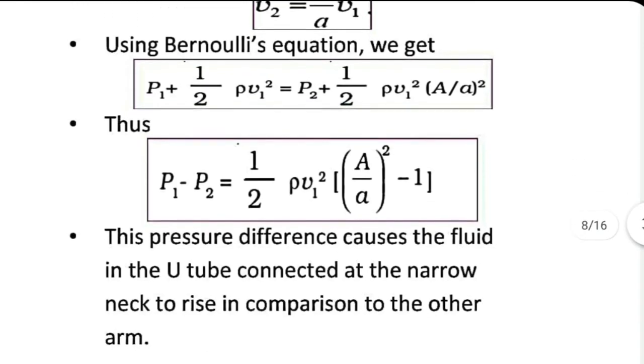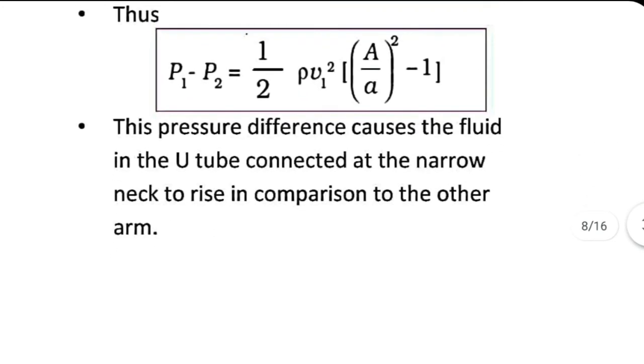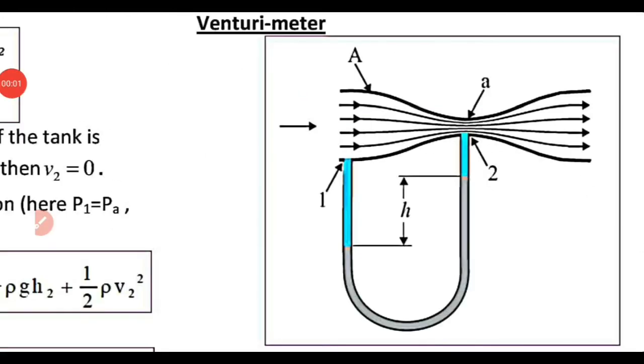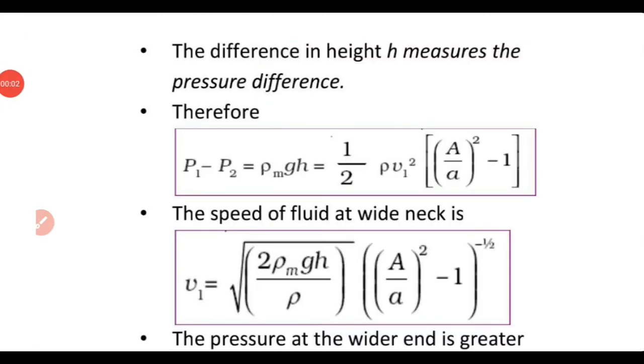So the U-tube manometer shows the pressure difference. Let that difference in height between the two sides of the U-tube be H. P1 minus P2 becomes rho m into GH, where rho m is the density of the liquid in the manometer. So we have rho m GH equal to half rho V1 square into (A by a whole square minus 1).